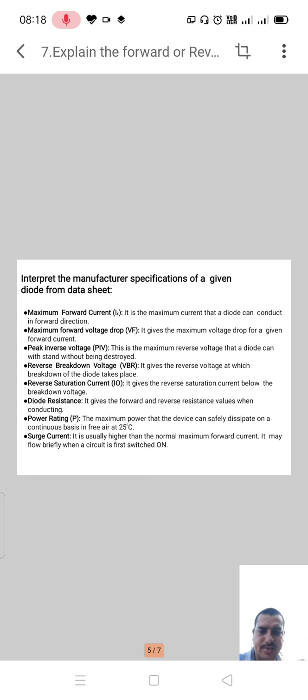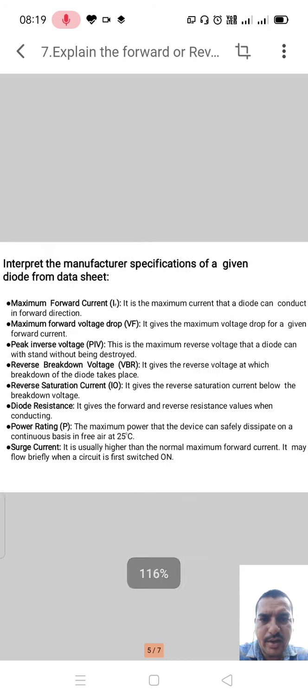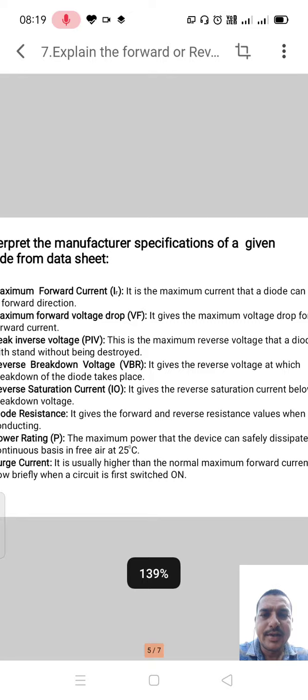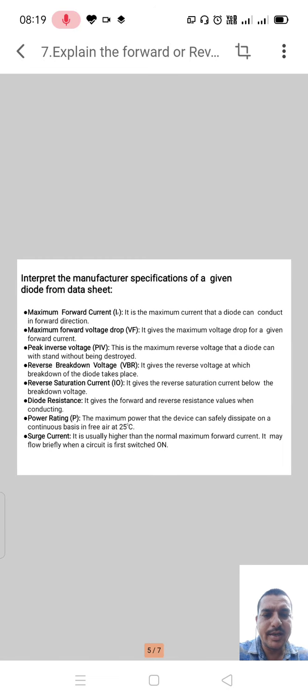First specification is maximum forward current, denoted by capital IF. It is the maximum current that a diode can conduct in forward direction.